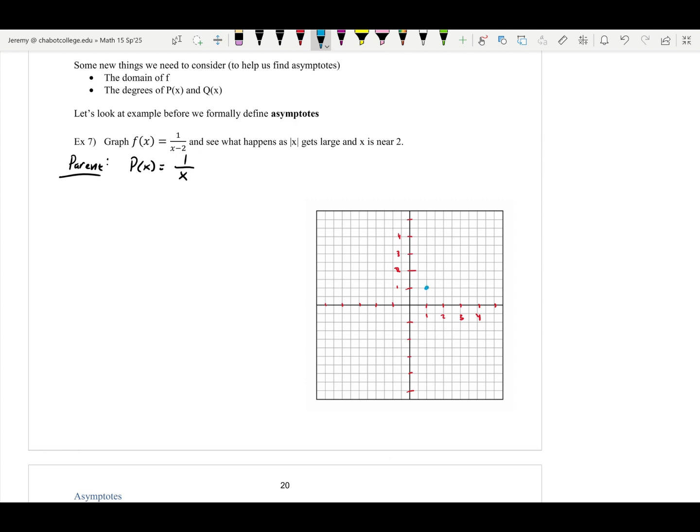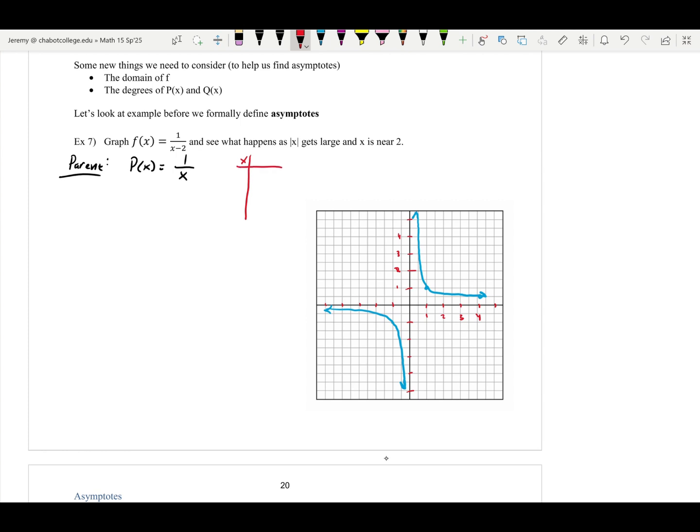We have a vertical asymptote at the y-axis. We have a horizontal asymptote at the x-axis. And this is one of our toolkit functions, one of those functions that we should have kind of memorized. But if you don't, you could always do a table of values to jog your memory.